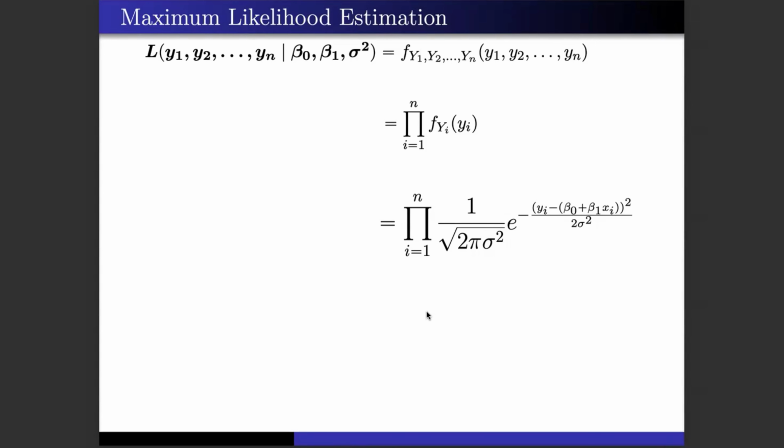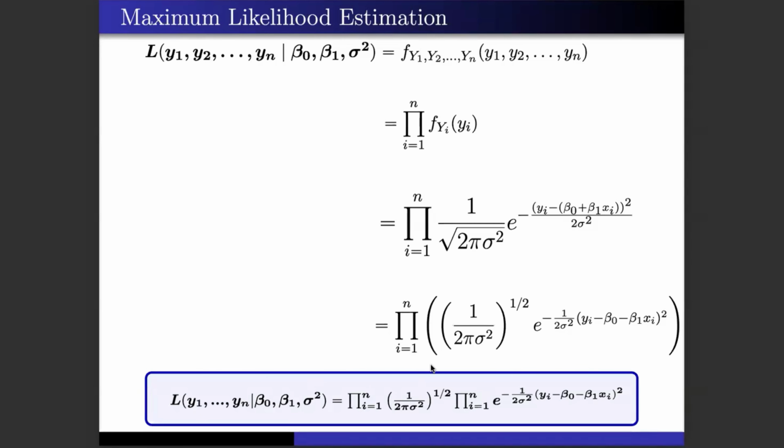So now we have the product, where the first term is square root of 2 pi sigma square. It can also be written as 1 divided by (2 pi sigma square) whole to the power 1 divided by 2. And we write the second term as it is. We have a product for the first term, which is 1 divided by (2 pi sigma square) to the power 1 by 2, and we have a product for the second term as well.